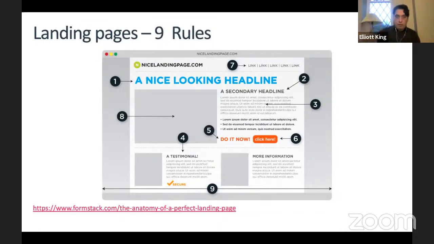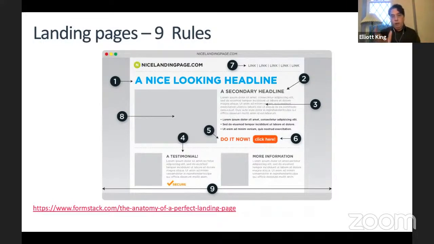And then number 3, the description should build that out. Testimonials are a good way of reinforcing confidence to a user. So either a testimonial or some equivalent sort of third-party approval of what we're offering here.